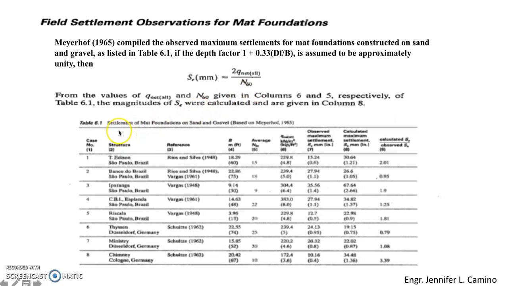So we have here a table for the settlement of mat foundation on sand and gravel based on the study of Meyerhof. You have here cases, and of course you are given our values for the net allowable bearing capacity and the value for N sub 60. And you can have the calculated magnitude for the approximate settlement for mat foundation in the last column.